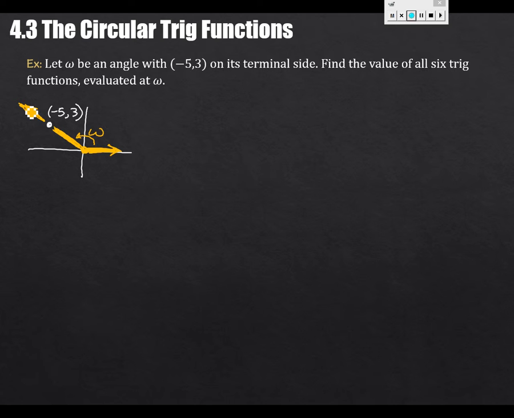So we're using these new definitions to figure this out. We want the sine of omega, cosine of omega.